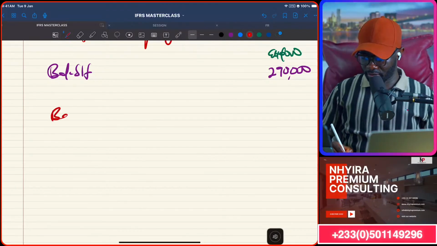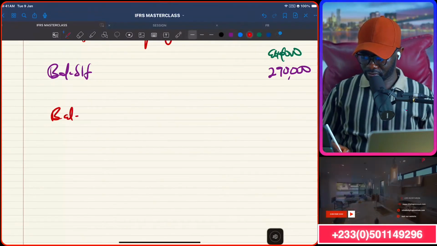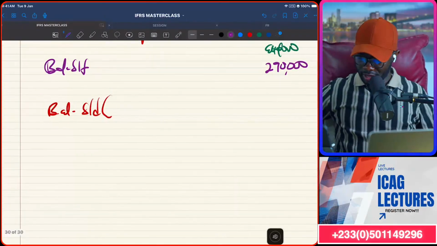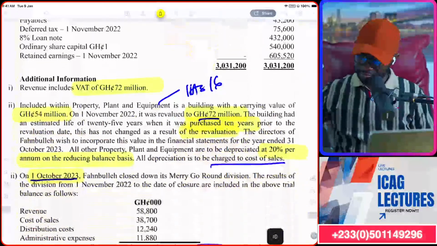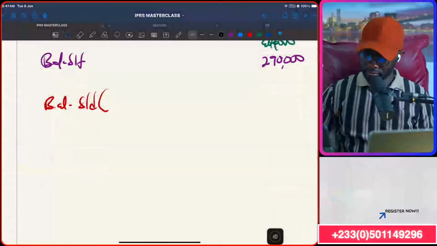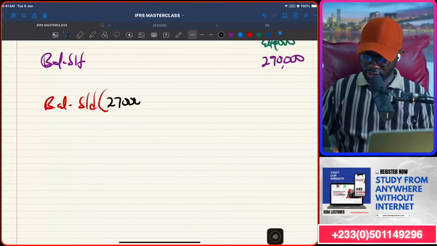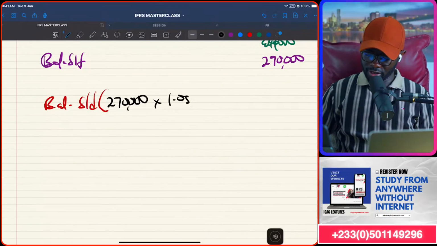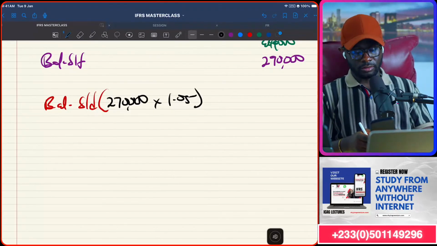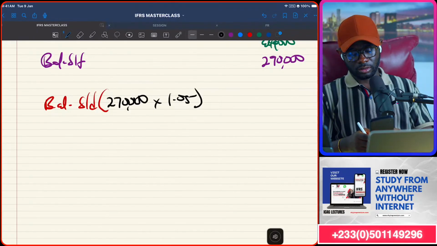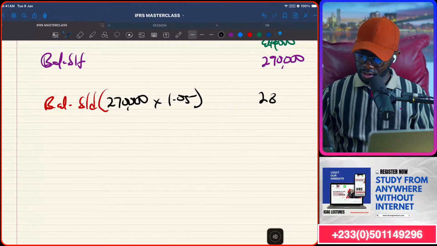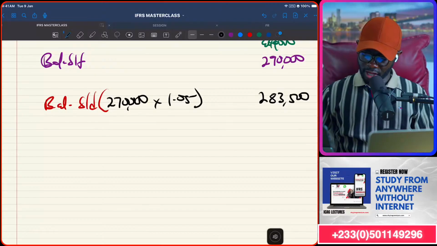Then we can get a balance brought down, which is the closing figure. They said it has gone up by 5%, right? So that will be 1.05. So 270,000 by 1.05 will give us the closing figure. And that is 283,500.